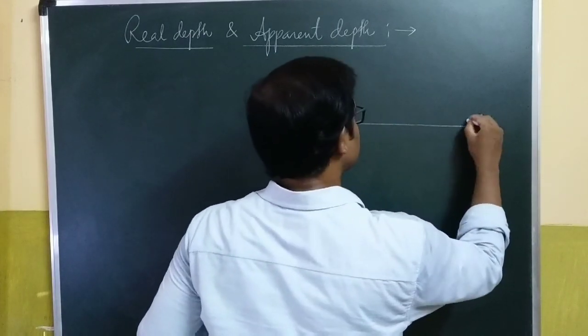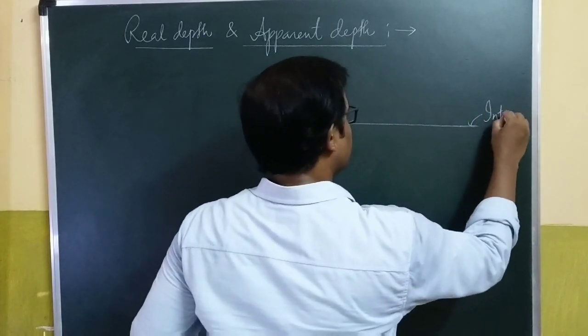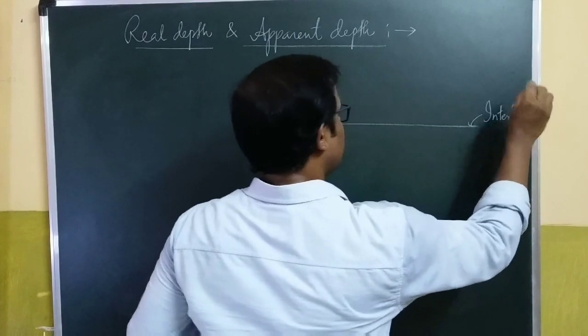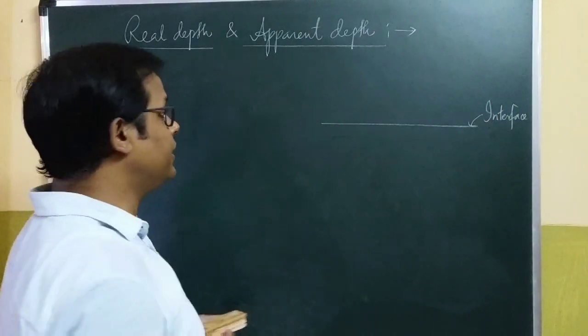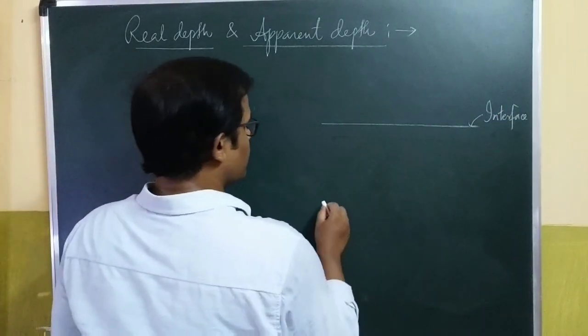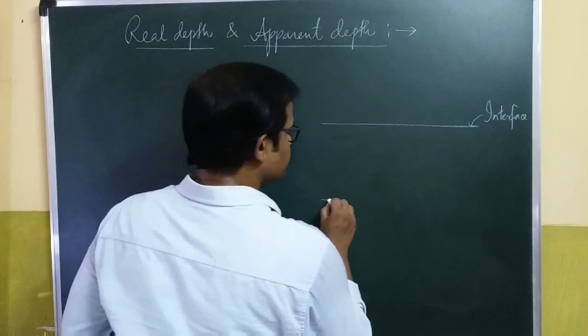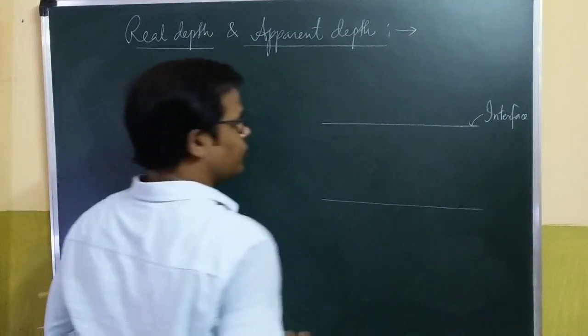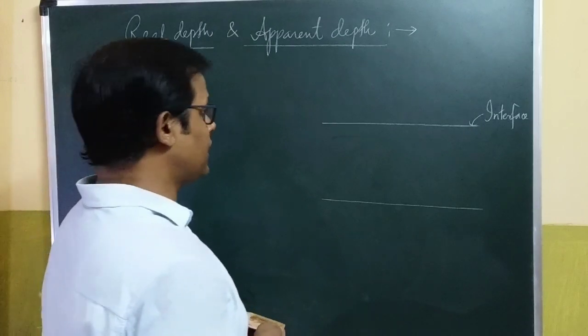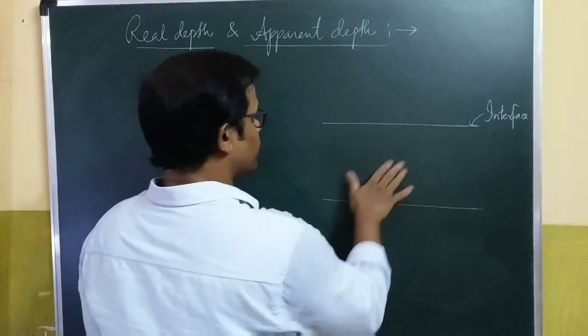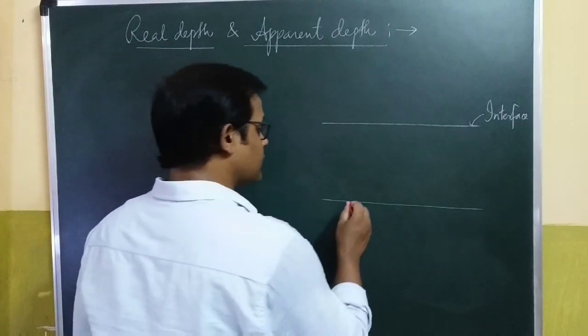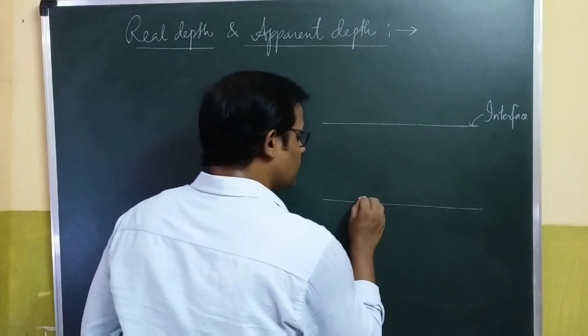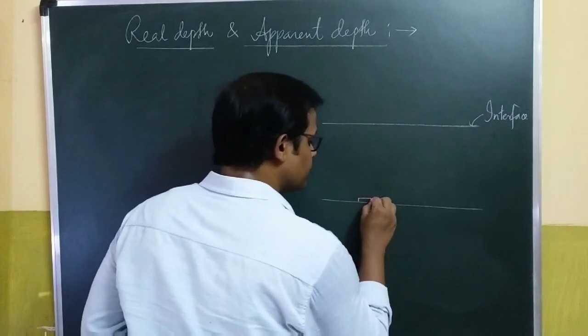So this straight line will indicate the interface separating the two media. Let us say this is the bottom of your tank. At the bottom of it you have maybe a coin, right on the floor.